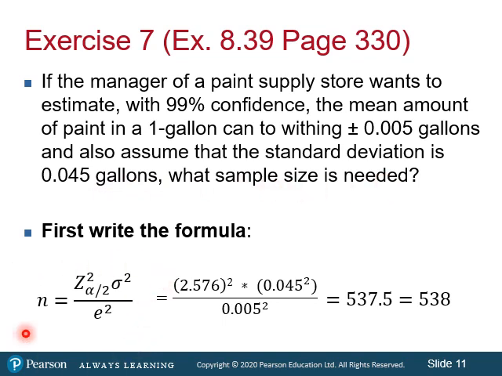So as usual, we will write the formula, and since now we are at 99% confidence, the critical value for 99% is 2.576, or you can also round it up to 2.58. The sigma is 0.045, squared, divided by your error squared, we get 537.5, so we round it up to 538. So the sample size needed for a 99% confidence interval is 538.